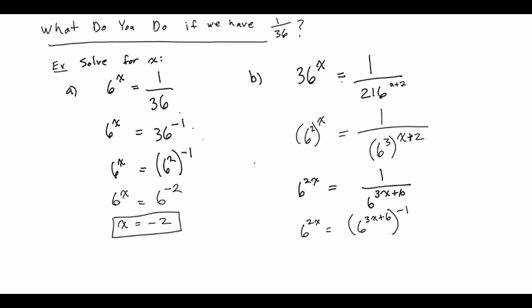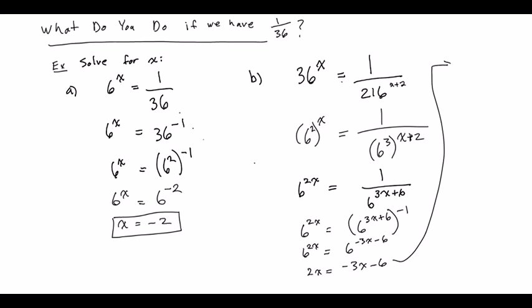So now we do power of a power once more on the right side, and we get 6 to the 2x is equal to 6 to the 3x times negative 1, which is negative 3x, plus 6 times negative 1, which is minus 6. So now we have the same bases, which is what we were looking for. Now we have 2x is equal to negative 3x minus 6.